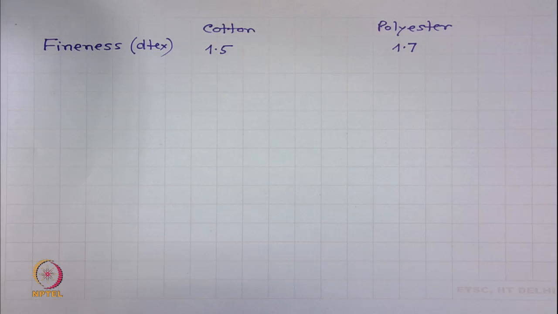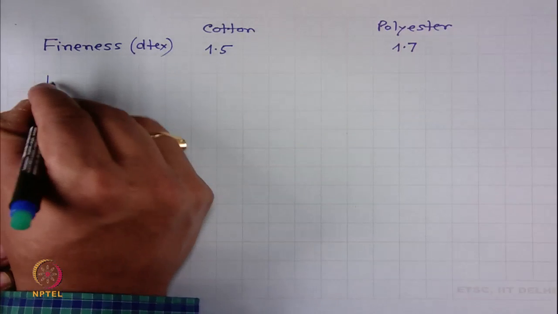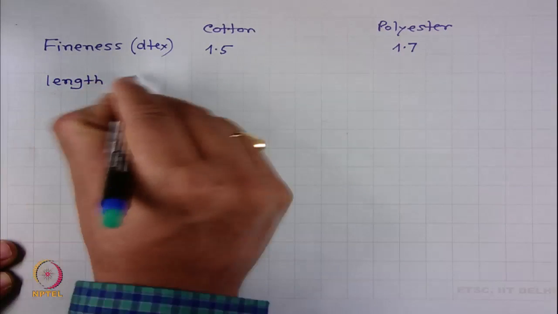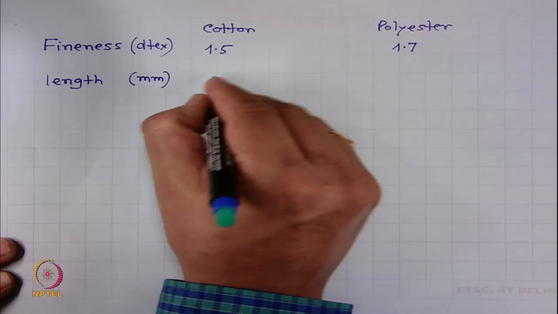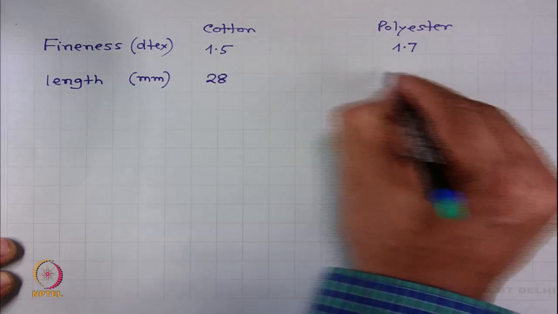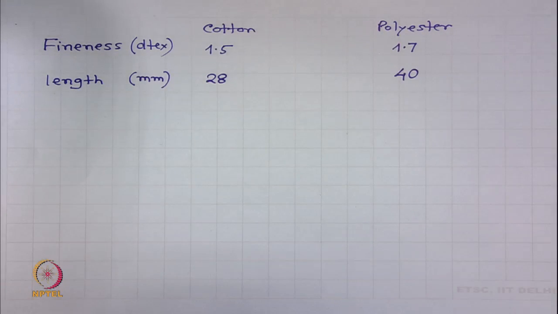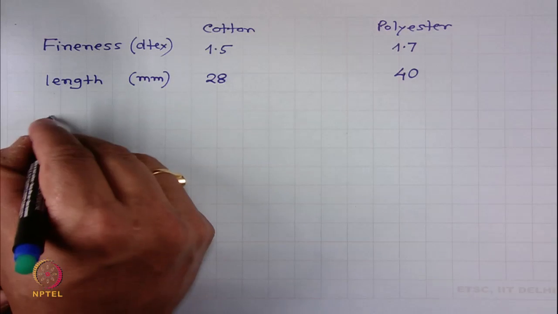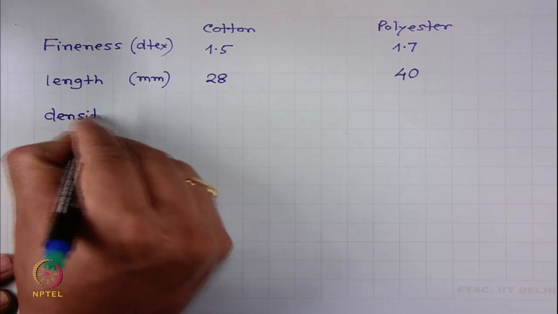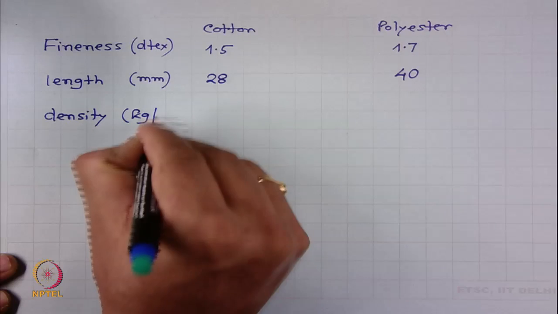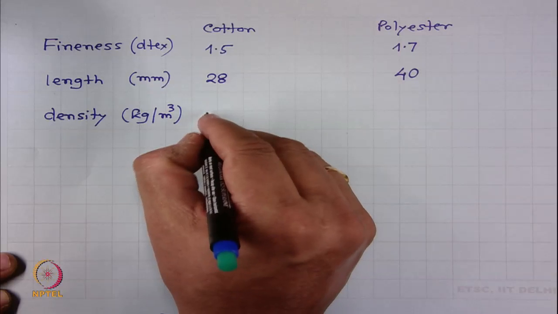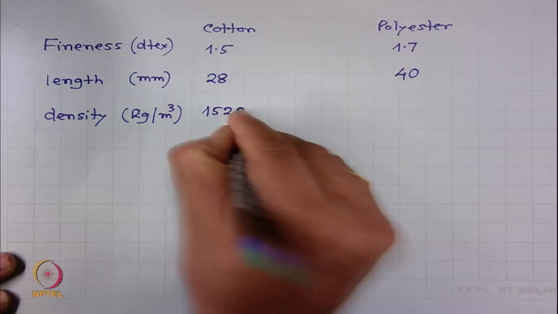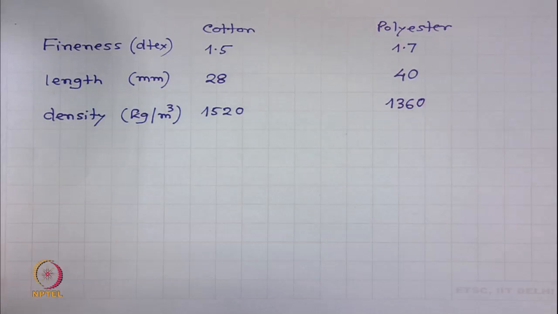Then we talk about length in terms of millimeter. Cotton, the length is 28 mm, polyester you consider 40 mm. Density in terms of kg per meter cube. Cotton you consider 1520, polyester you consider 1360.